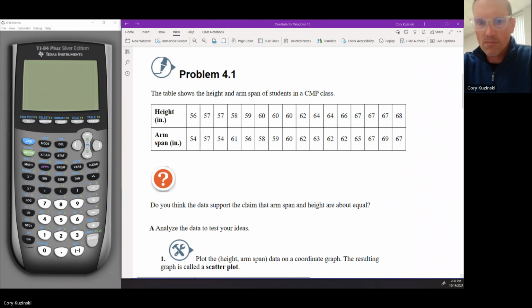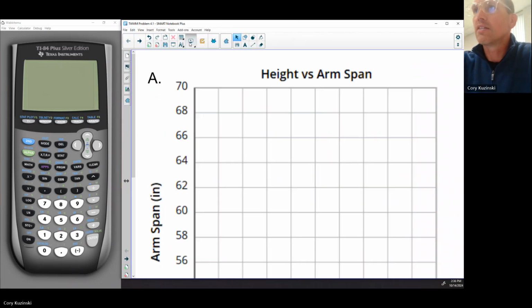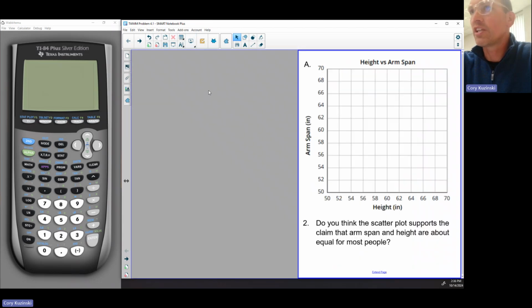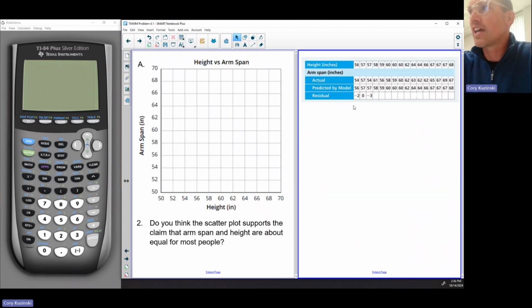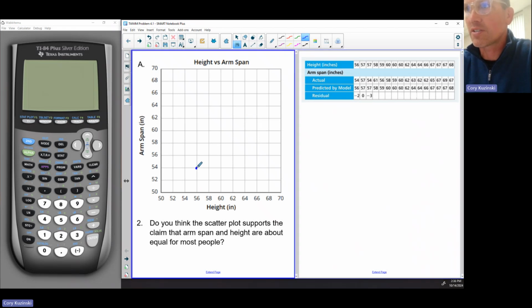So we're going to start using our note sheet here. I've got the data over here. We had one student whose height is 56 and their arm span was 54. So let's go 56, 54. This is one student who's 56 inches tall with a 54-inch arm span.